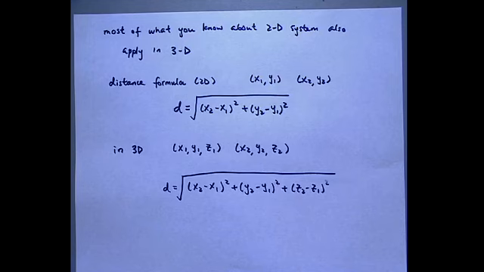You do the obvious thing to account for the new dimension. And so we get this formula here. And we get a sphere with a center at h, k, l and a radius of r.